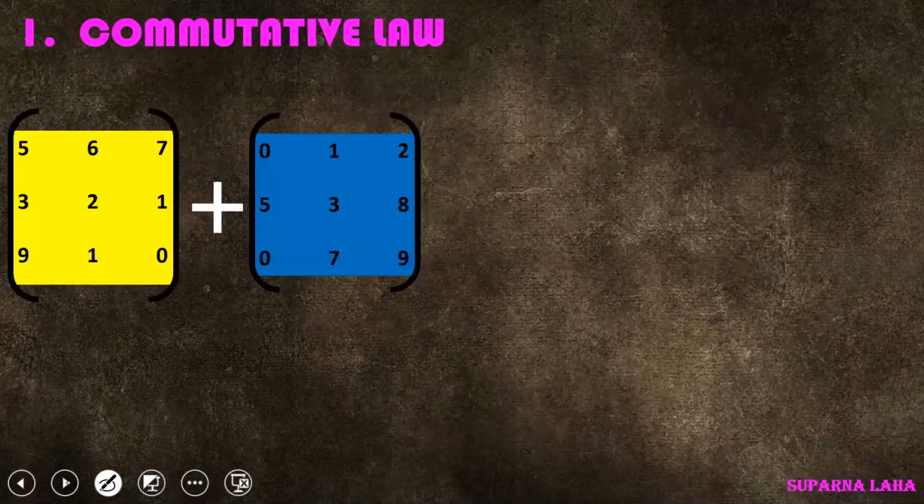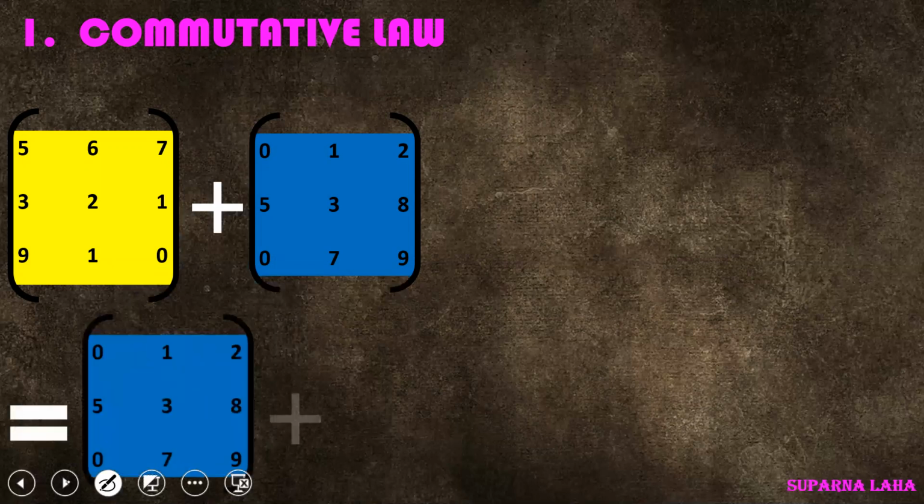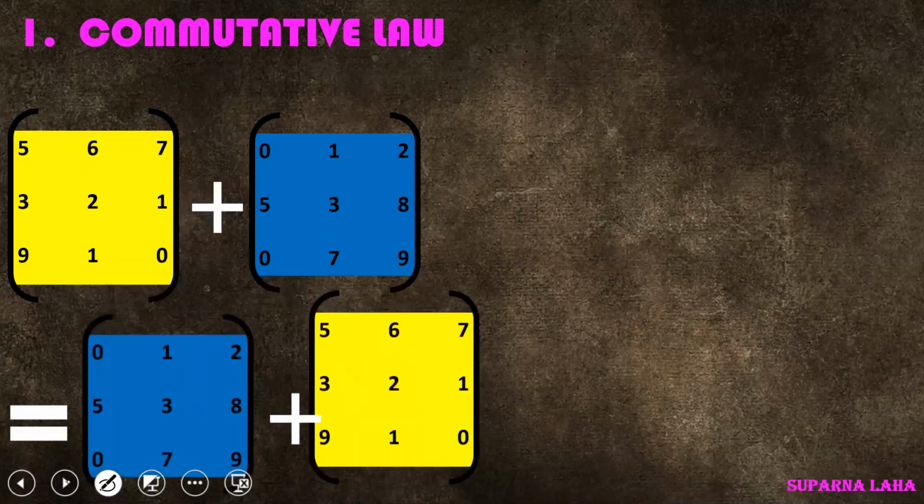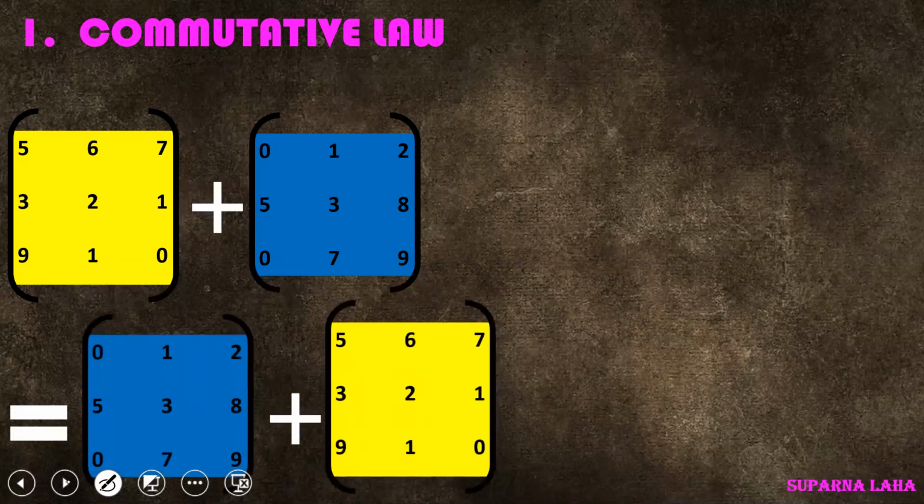So the first property is the commutative law. Does the commutative law hold for matrix addition also? What is the commutative law? It says that if we change their position, the addition will remain unchanged.